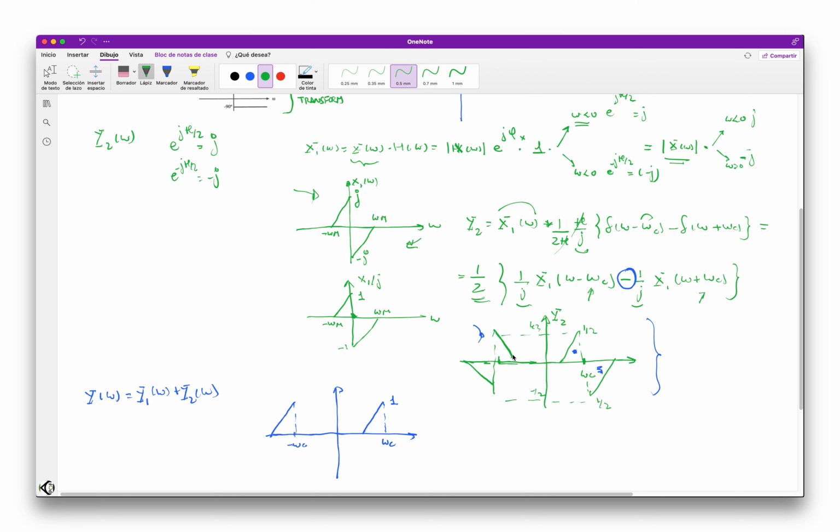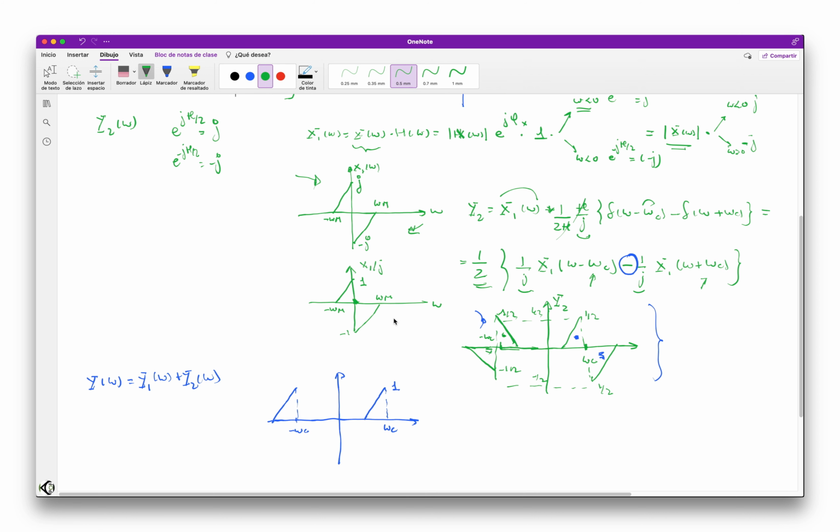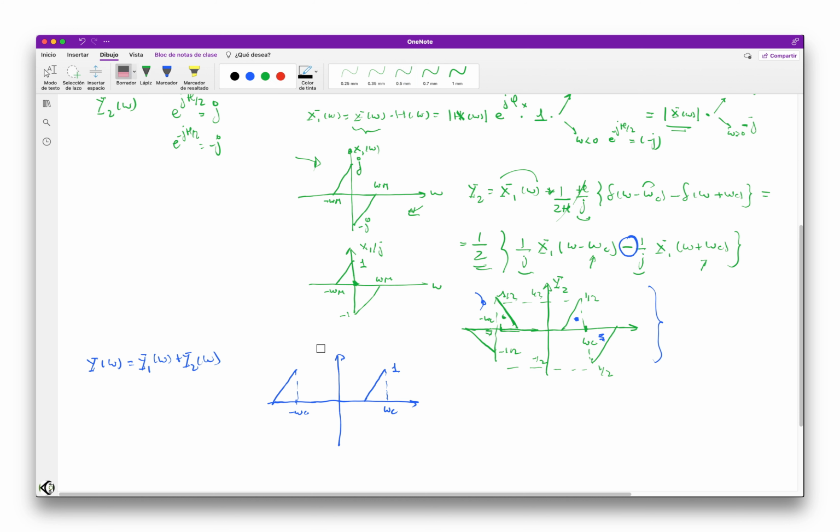This will be minus omega c, and this is 1 divided by 2 and minus 1 divided by 2. So when we add together, this part will cancel with this part, and this part will be reinforced, multiplied by 2. So in this case, we just need to put this.